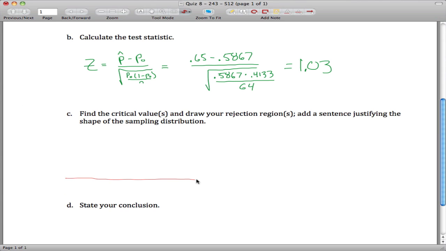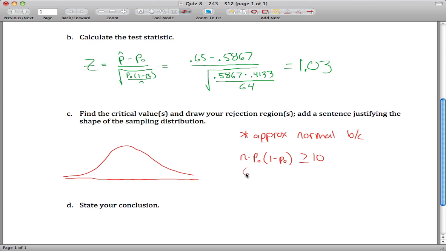Okay, start by drawing a sampling distribution. Good enough, I guess. This sampling distribution is approximately normal because n times p naught times 1 minus p naught is greater than or equal to 10. n was 64. p naught is 0.5867. 1 minus p naught is 0.4133.